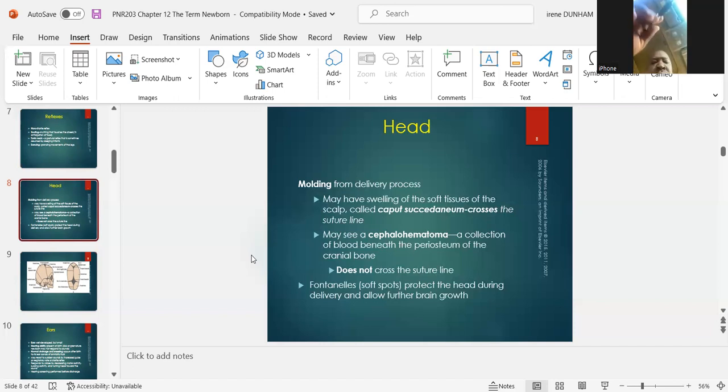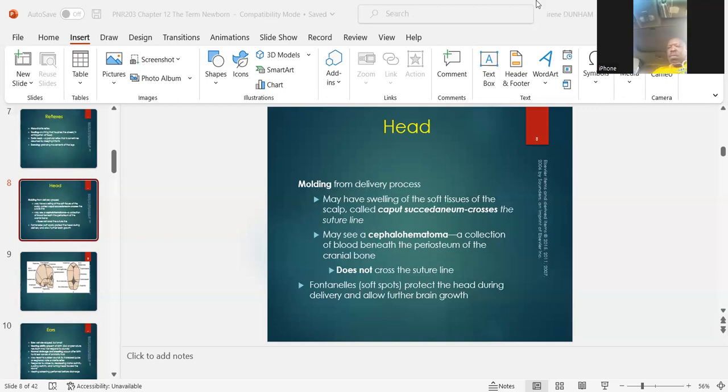It does not cross the suture line because it's over here on the side. The suture lines go through the middle, and the cephalhematoma is on the side of the cranial bone. So again, it does not cross the suture line. These are little examples that could be on a HESI or on your exam number 3.